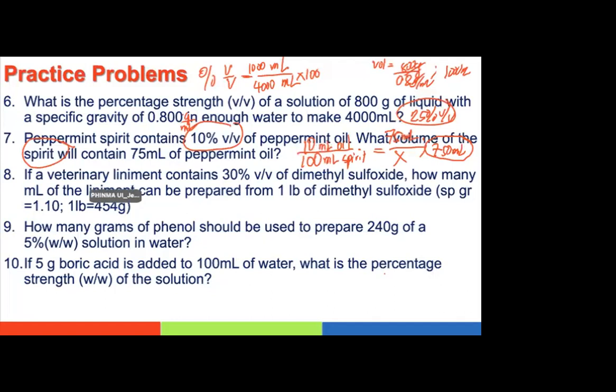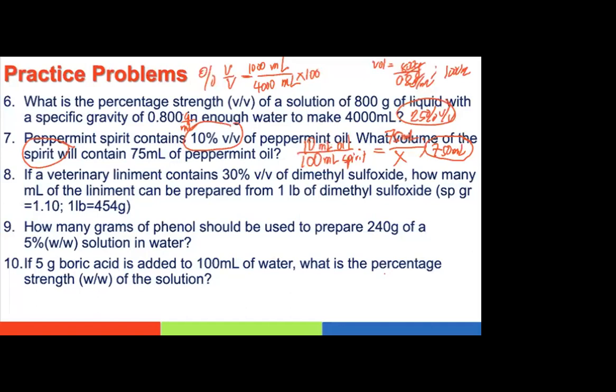Okay? O, sige, ratio and proportion technique tayo. So we start from 30% volume by volume.